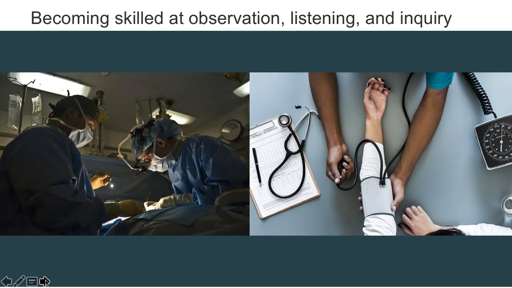Becoming skilled at observation means you really want to become a skilled listener and skilled at subtle inquiry. Sometimes you're going to observe a process, say a surgery or a healthcare consultation, and then afterwards you might follow up with an interview with that practitioner or nurse or surgeon, and you might want to ask them questions about what you observed to make sure that your observations were the important things in the room.